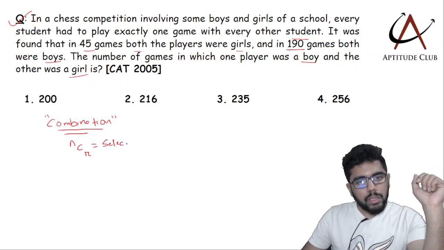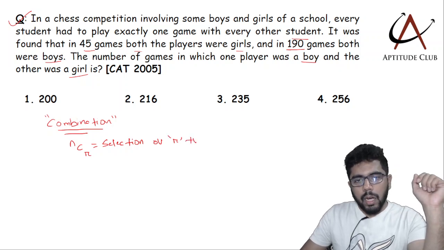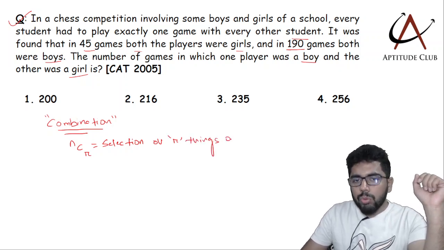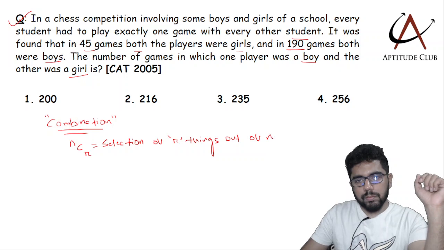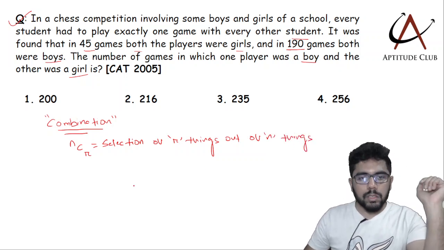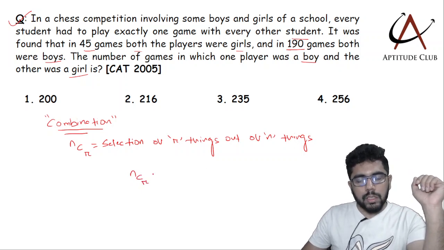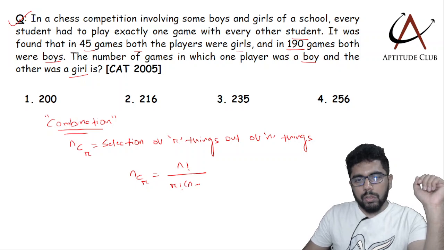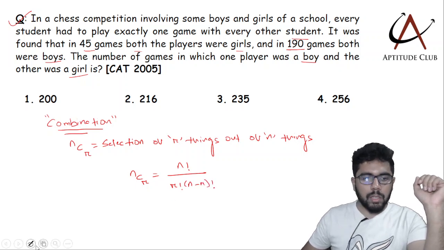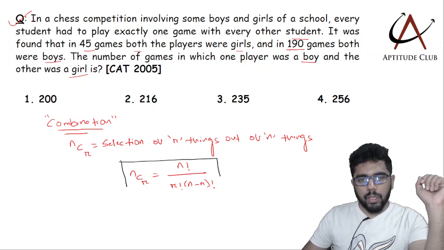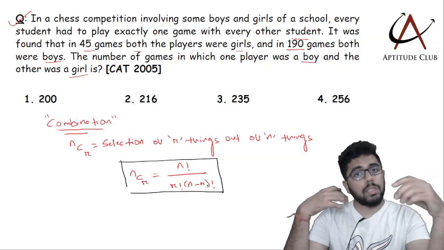Simply put in words, it is a selection of R things out of N things, the number of ways you can select R things out of N things. And the expansion of NCR is N factorial divided by R factorial into N minus R factorial. This is the simple explanation of NCR, and we need to understand it in words to be able to solve questions in a better way.